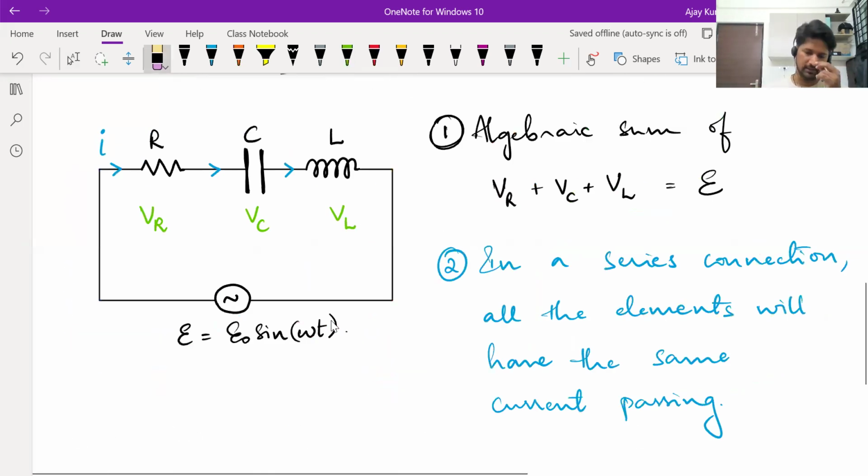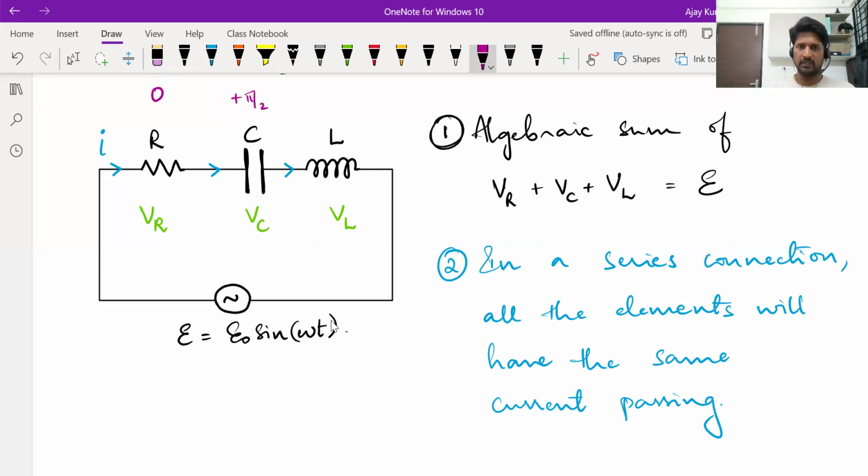Now, if all three are there, then what will happen? You have to include the effects of all three of them. So on the whole, the current will not be exactly in phase with the EMF, because it's not only a resistor, the other two are also there. Resistor will try to maintain zero phase difference. Capacitor will try to make the current lead the EMF, so it will make the current have a phase of plus pi by 2.